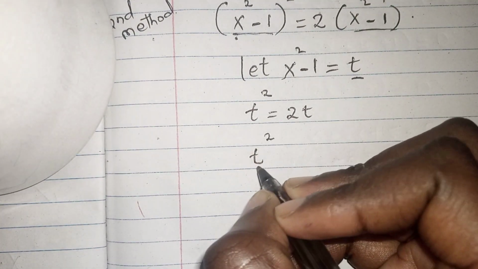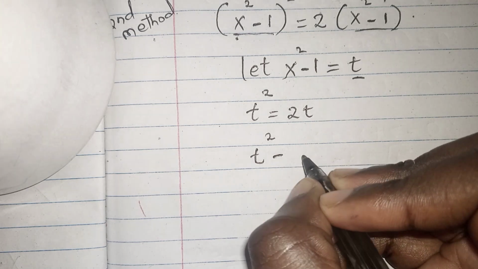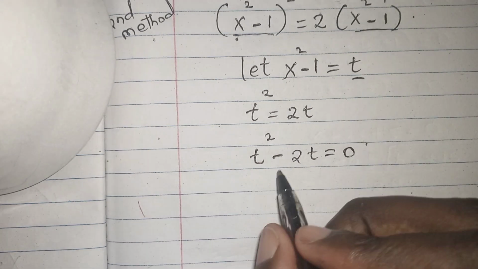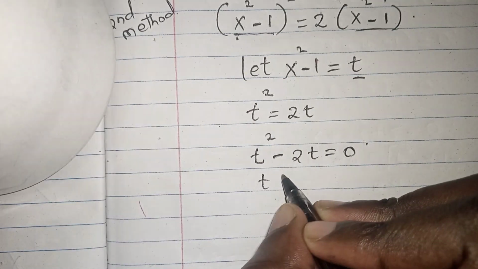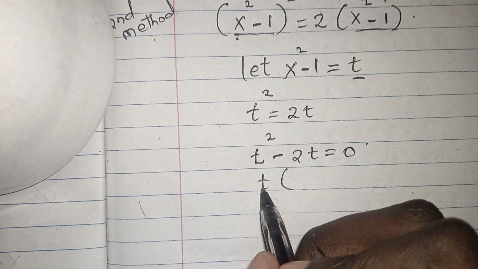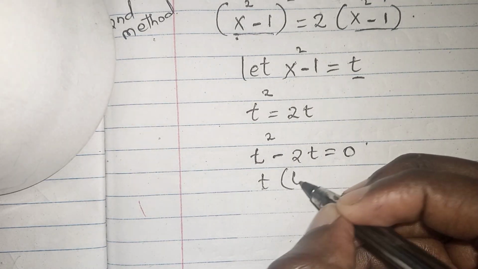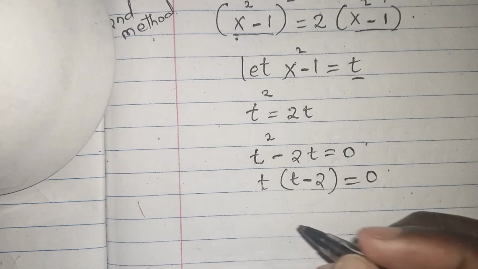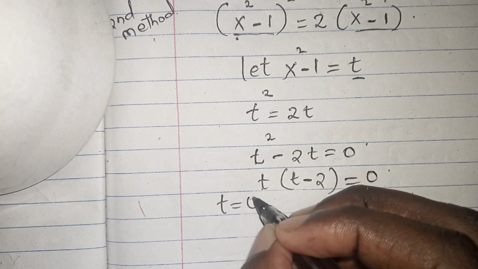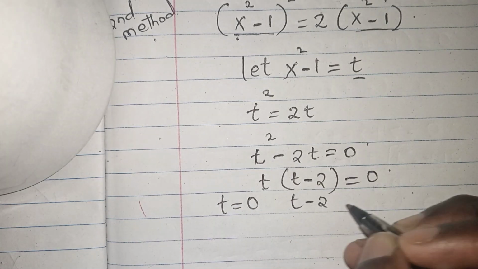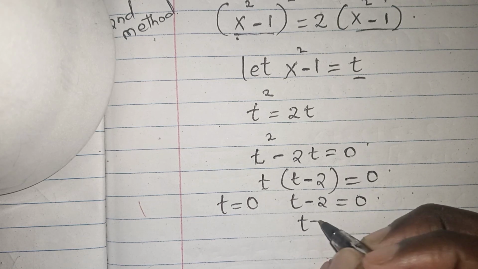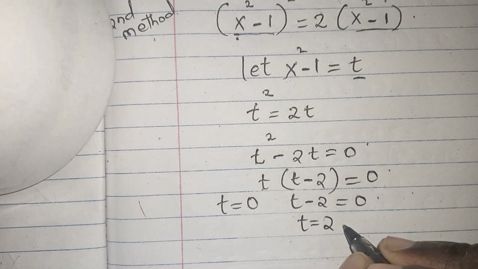t squared minus 2t is equal to 0. So t is common, so t squared divided by t, this is t, minus 2 is equal to 0. Therefore, t is equal to 0, t minus 2 is equal to 0. So this means that t is equal to 2, okay?